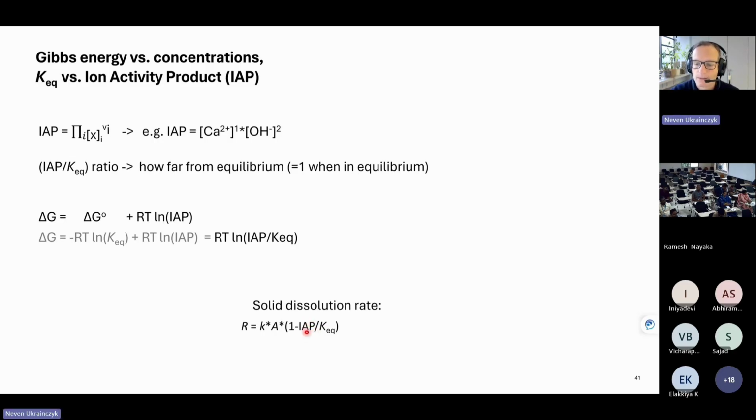So the ion activity product is 0. So you have 1 minus 0, so your reaction rate is maximum. So the rate is proportional to the ion activity product, surface area, and you have a constant.